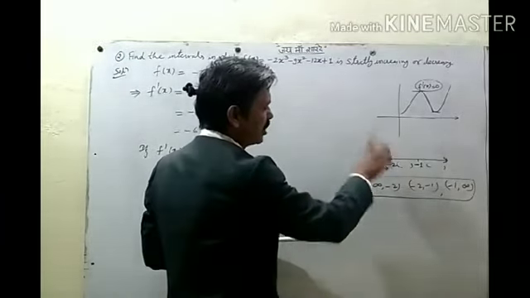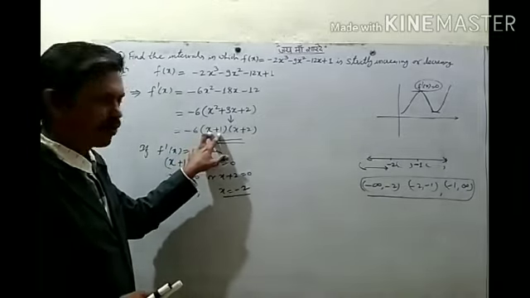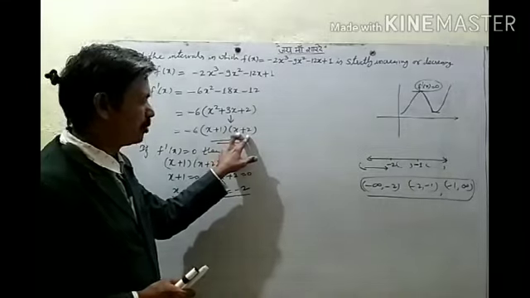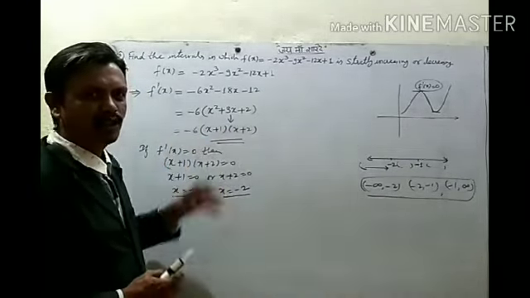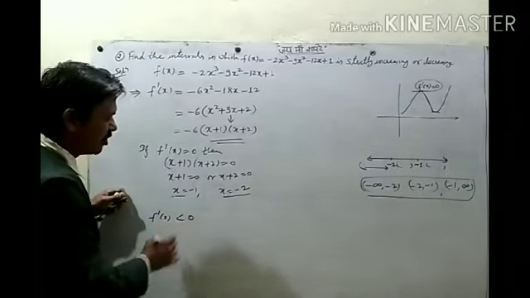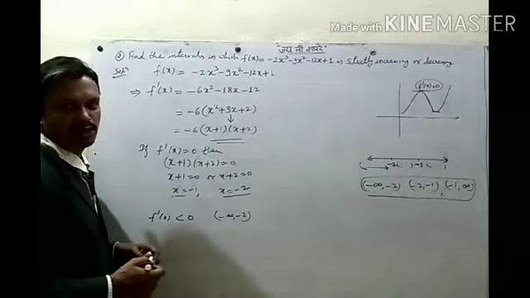Suppose you take minus 3: minus 3 plus 1 gives a negative value, minus 3 plus 2 a negative value, negative, negative, negative. 3 negatives means f dash x is less than 0 in the interval minus infinity to minus 2.